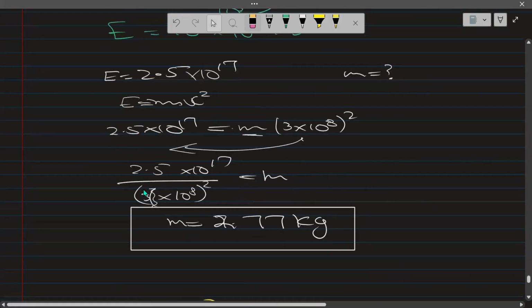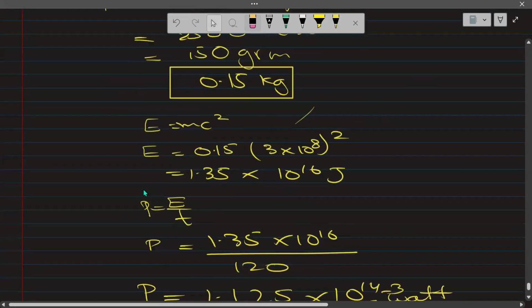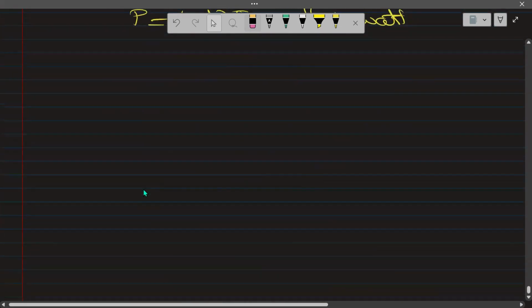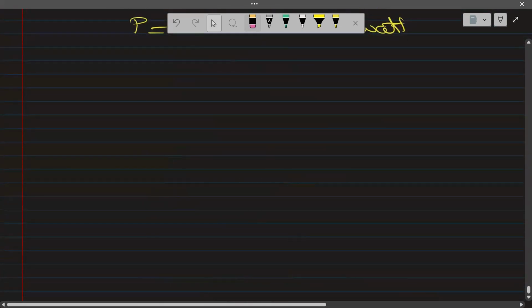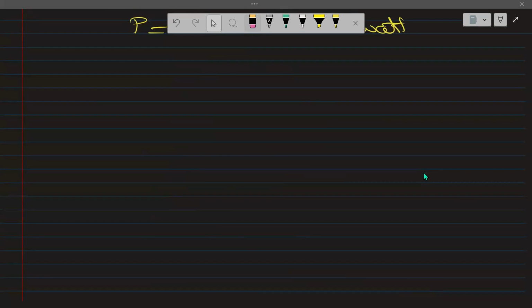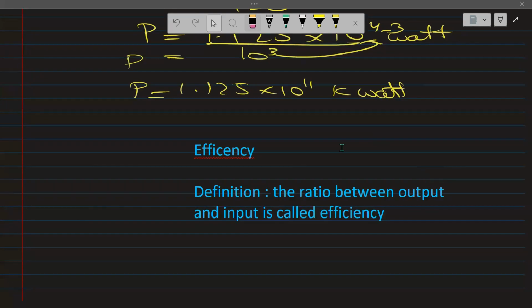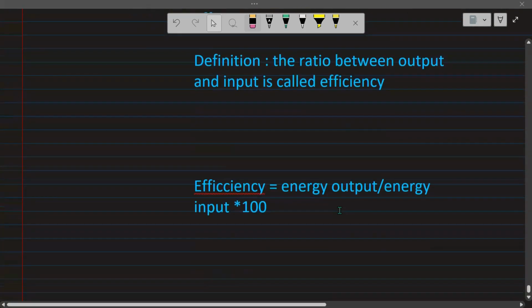So now let's do efficiency. Basically, what is efficiency? Efficiency is the ratio between output and input. The ratio between output and input is called efficiency.